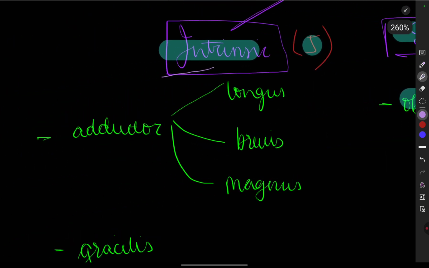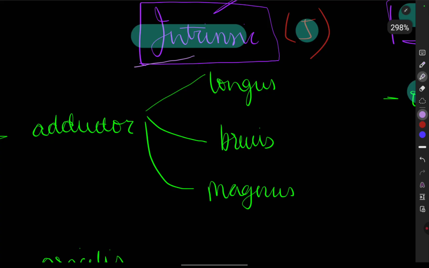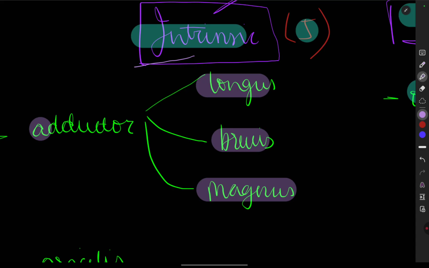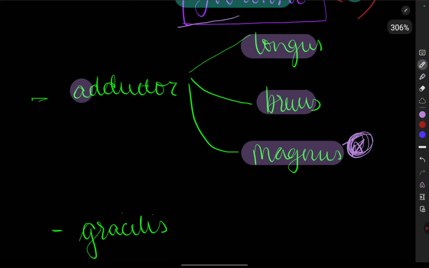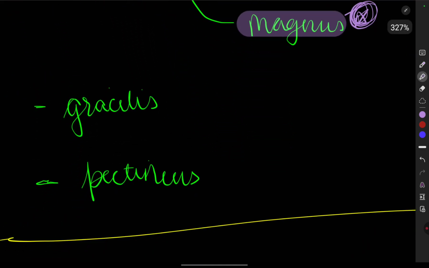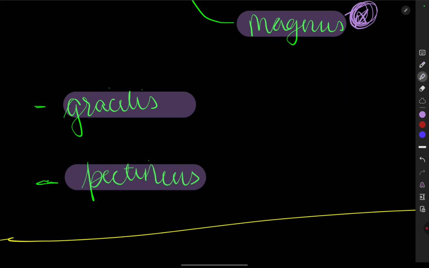And then in the intrinsic we have 5 muscles. This is the adductor compartment, so of course the names will be like this: the adductor longus, adductor brevis and adductor magnus. A point to be noted is that adductor magnus is the largest muscle in the medial compartment of the thigh. Then we have the gracilis muscle and the pectineus muscle.